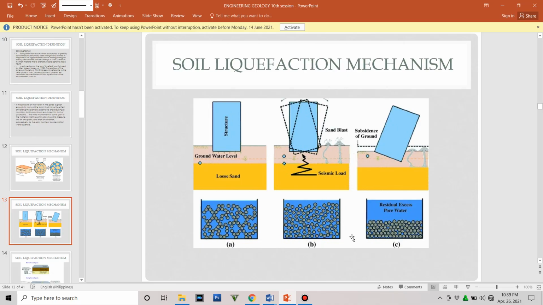However, when a seismic load will occur, it will disintegrate the structure of the soil. Why? Because magkakaroon siya ng exit points dito. Kung may tubig yan, ano bang nangyayari? There is a capillarity or capillary action.